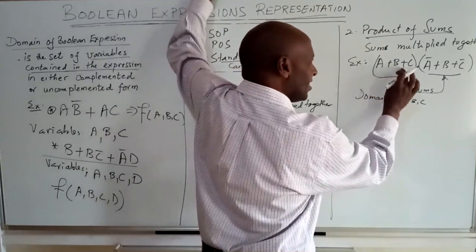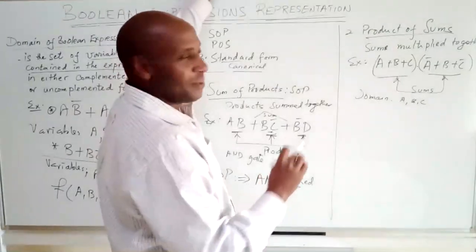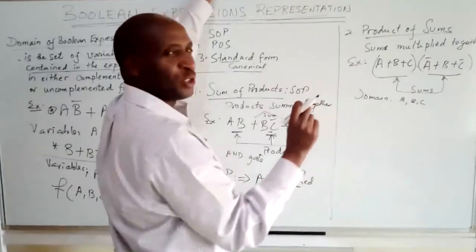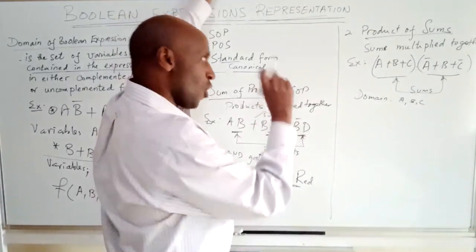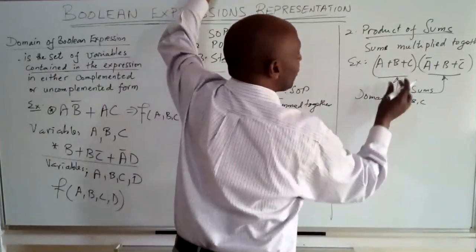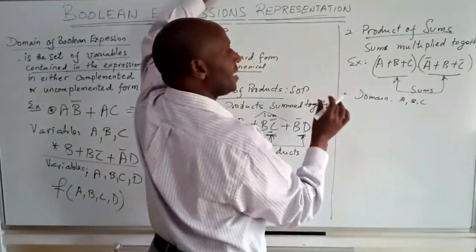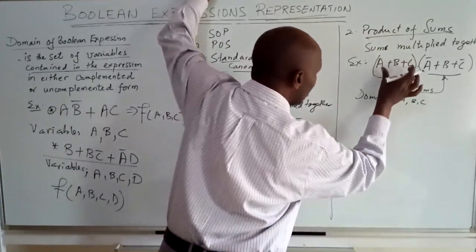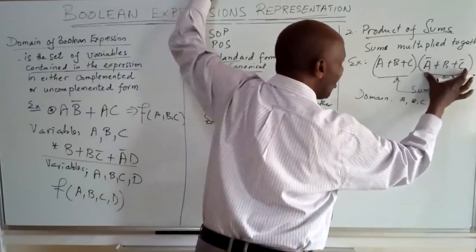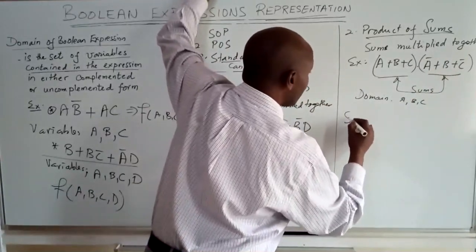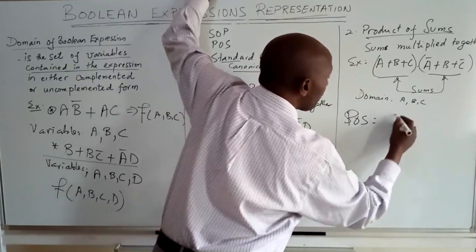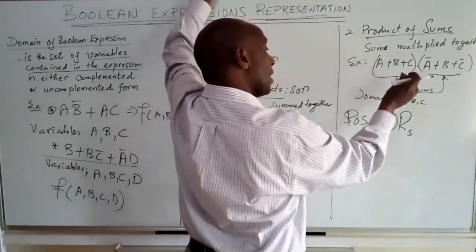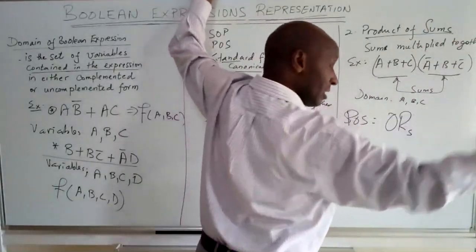Okay. Now, let us remember again. What about the addition in Boolean addition? In Boolean addition, the addition brings us to which logic gate? To the OR gate. So it means that we have one OR gate, A or B or C. So there we have another OR gate. The product of sums is many ORs, because a sum is one OR, another sum is another OR.